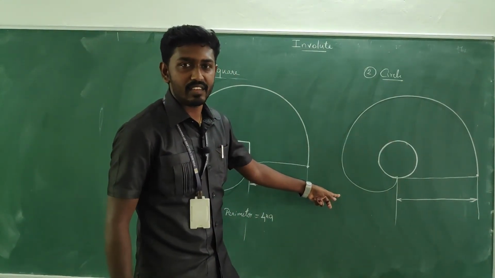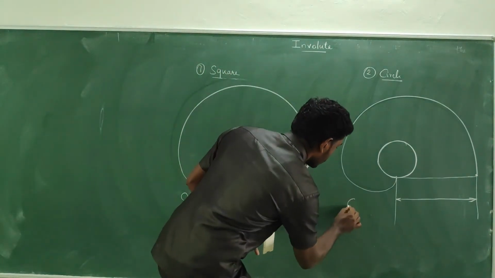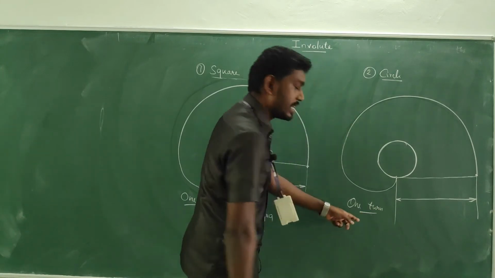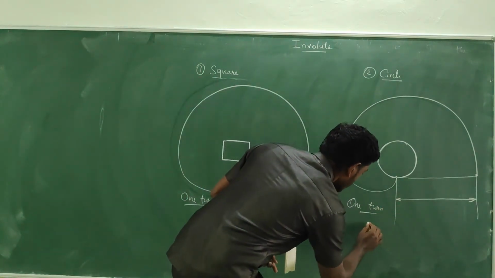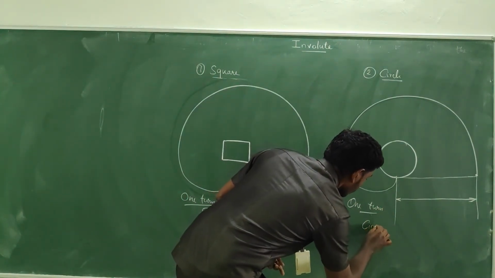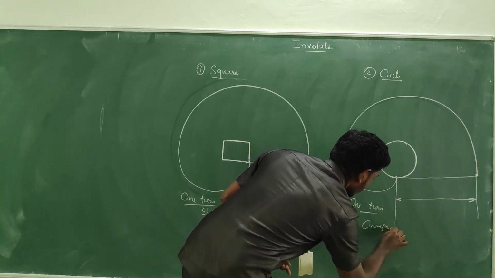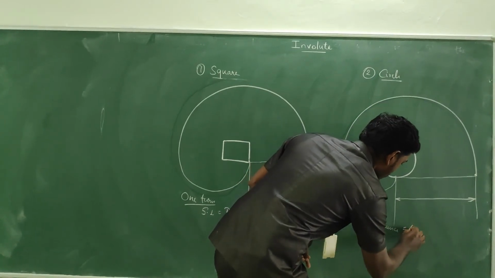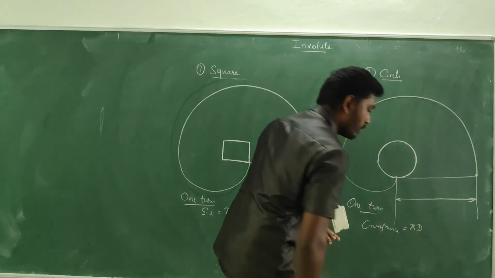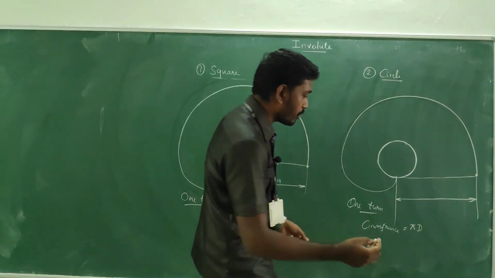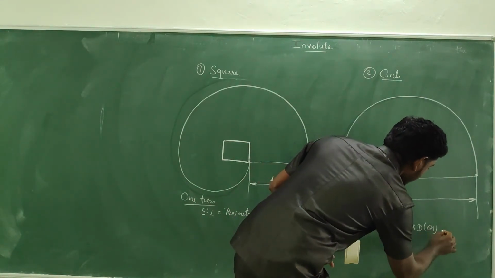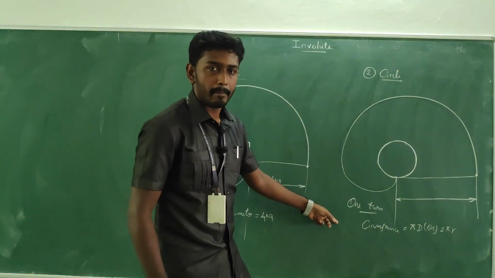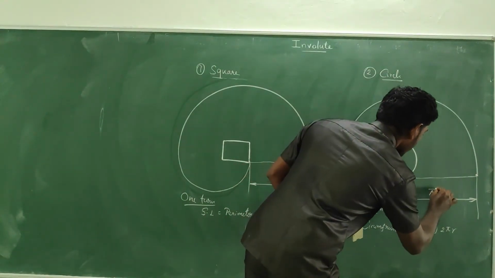It will be the circumferential length for one complete tan. For one tan, the length will be the circumferential length, that means pi d. In terms of radius, I can say 2 pi r. So this length is pi d.